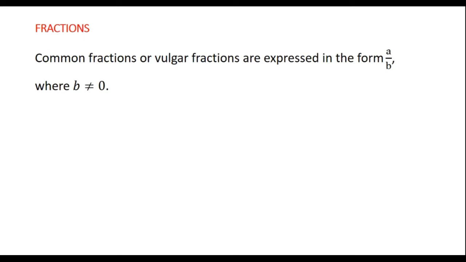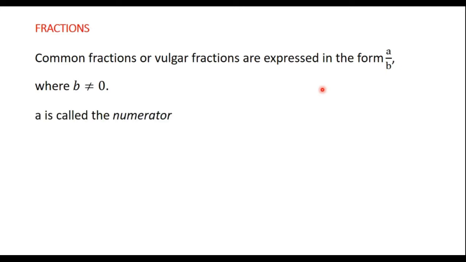When numbers are expressed in this form, it's referred to as a common fraction or a vulgar fraction, as we can see here. Now, for a over b to be considered as a fraction, b must not be 0. Because if b becomes 0, we are going to have a over 0, which will give us an undefined expression. So fractions are expressed in the form a over b.